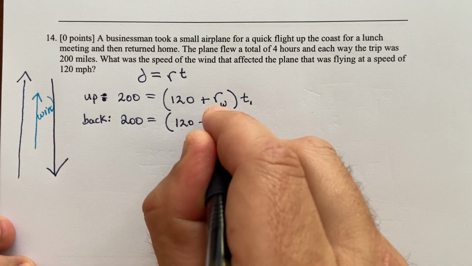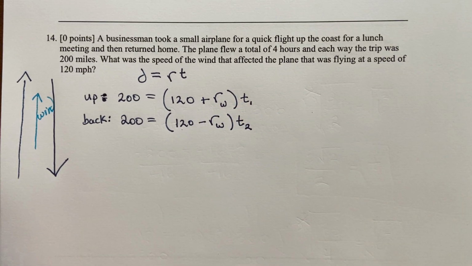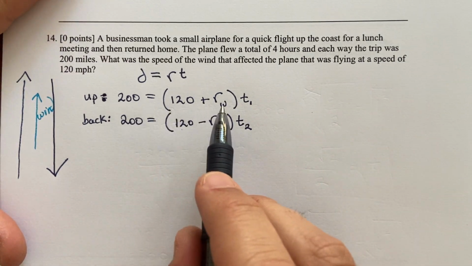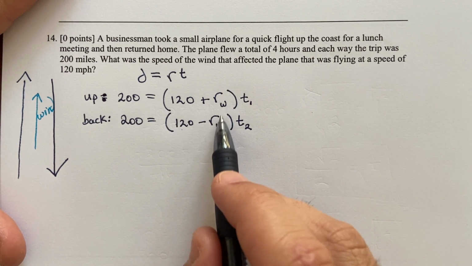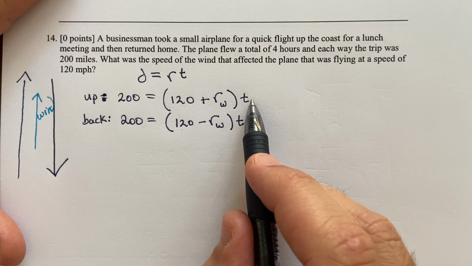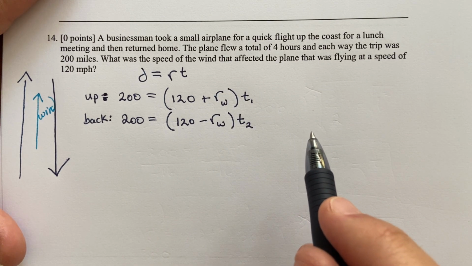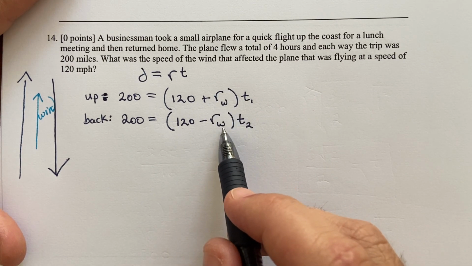So I'd subtract the rate of the wind and then multiply by some amount of time. This is one unknown, R sub W, the rate of the wind. Here's another unknown, here's another unknown. So there are three unknowns here. There are only two equations.